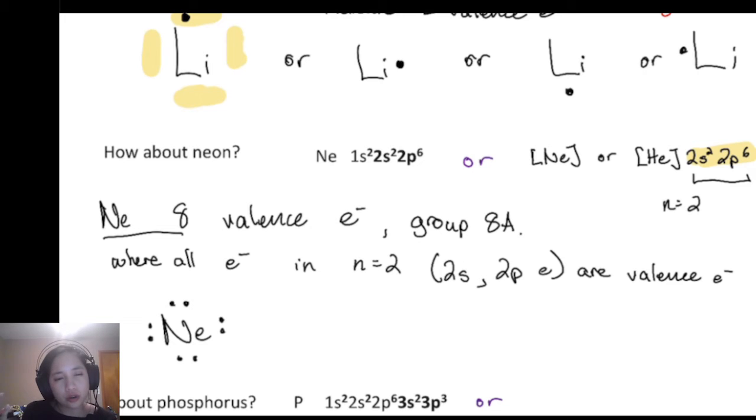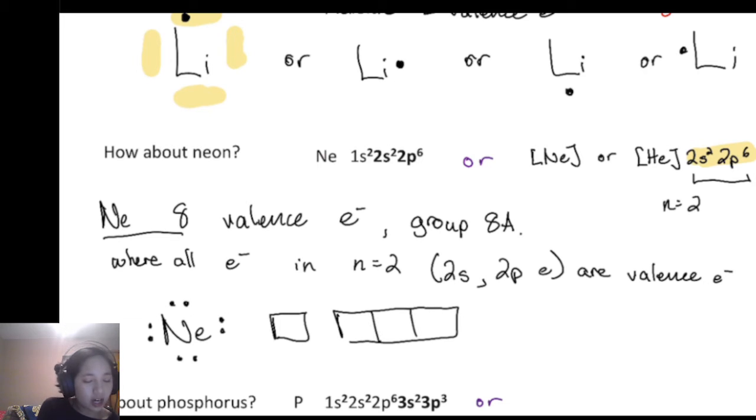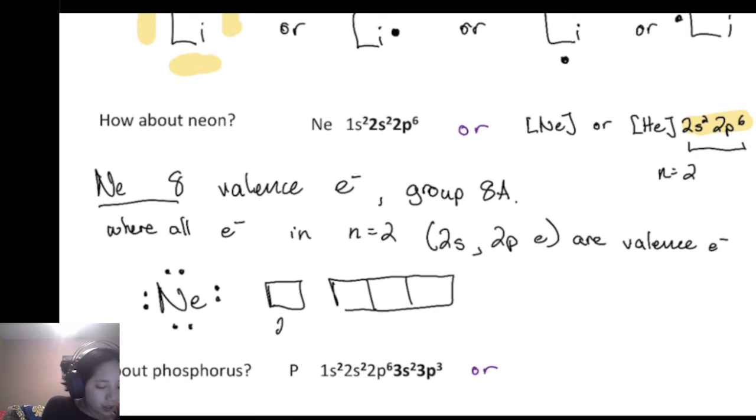Because if you actually wrote out the electron diagram for this, and we'll actually see this with our phosphorus example, if we have our 2s and our 2p, all of the electrons are paired. And so we want to indicate that those electrons are paired in our Lewis dot structure. Indicate pairing.